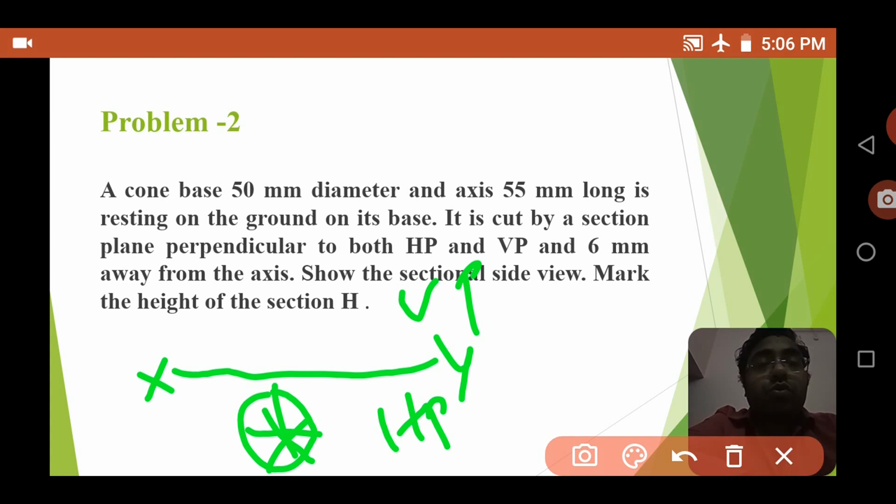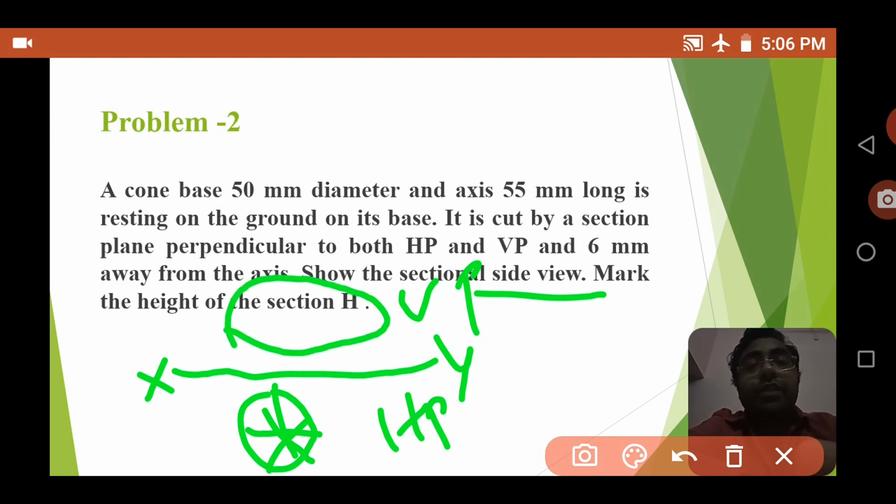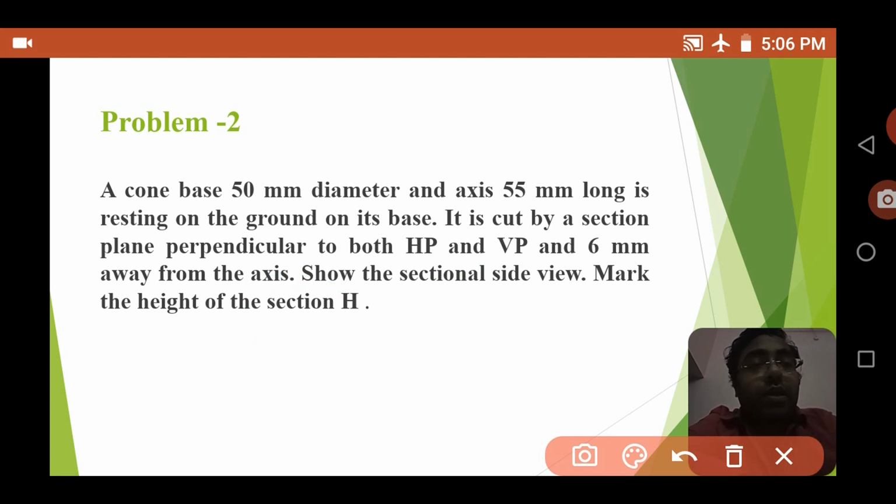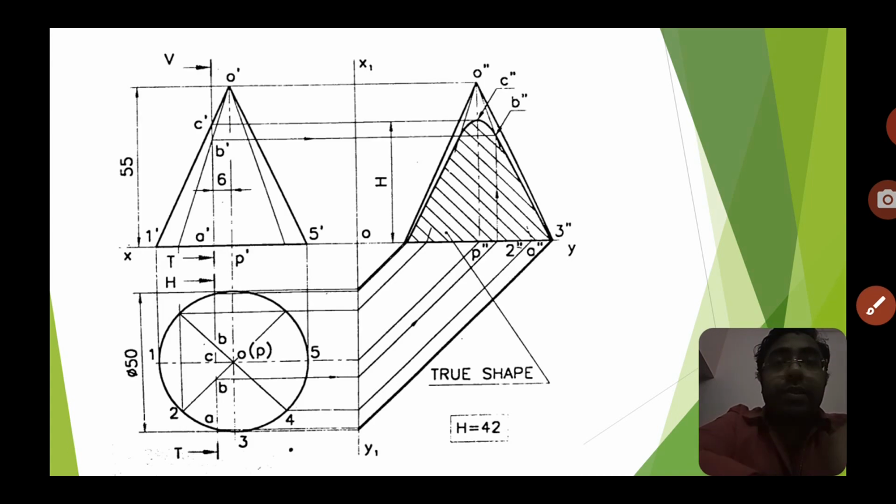To draw the sectional side view, we have to find out and mark the height, marked as the section height, and you have to find how much it is. So I think we are going to deal with that problem.